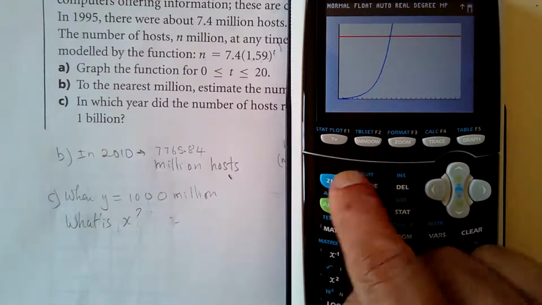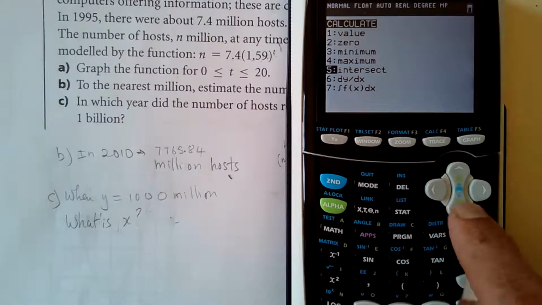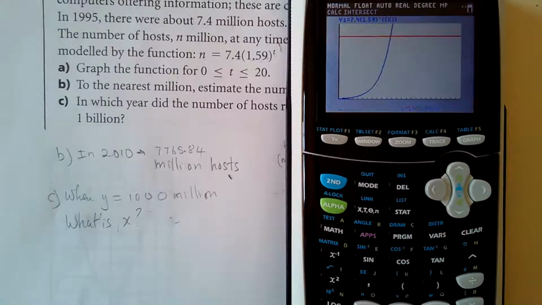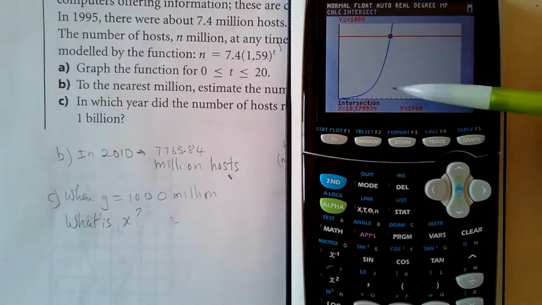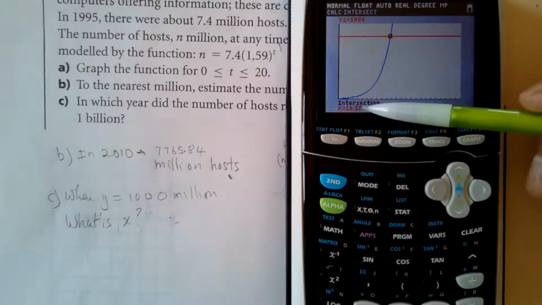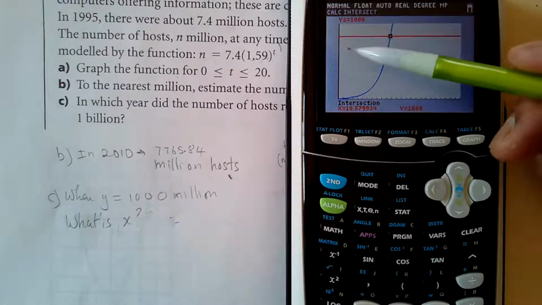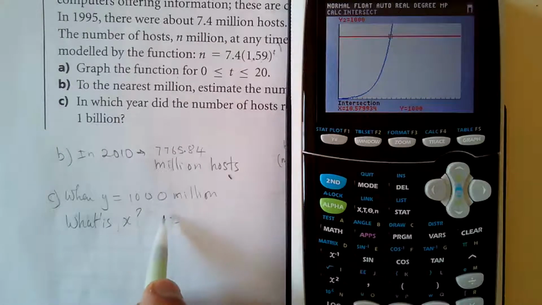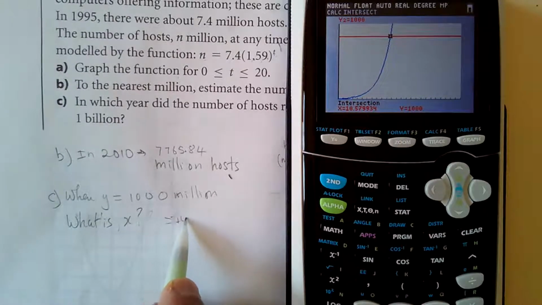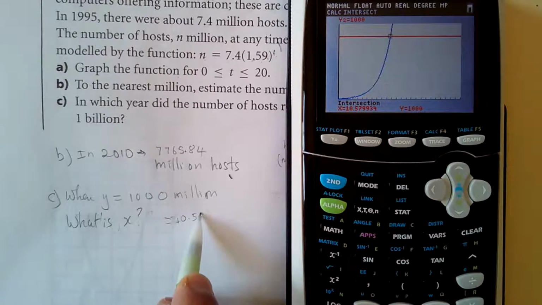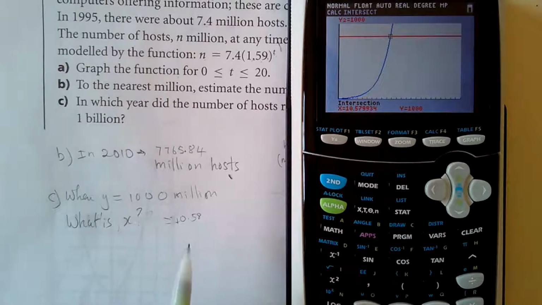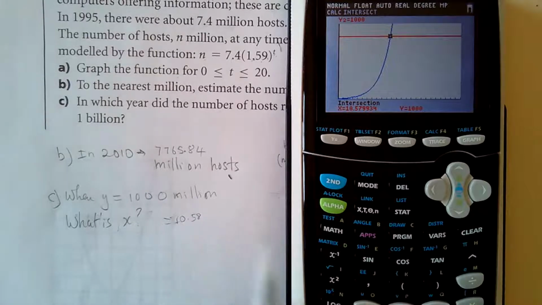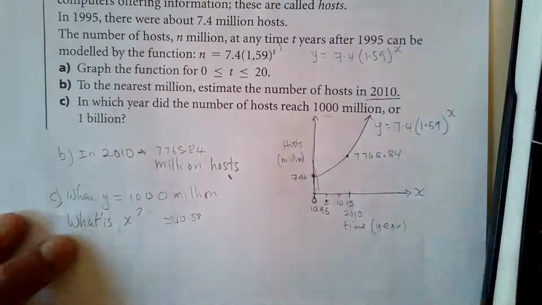I'm going to press second trace, intersect, and I hit enter 3 times, and that will give me, when y is 1,000, the year will be 10.57 years from 1995. So x is equal to approximately 10.58 years.